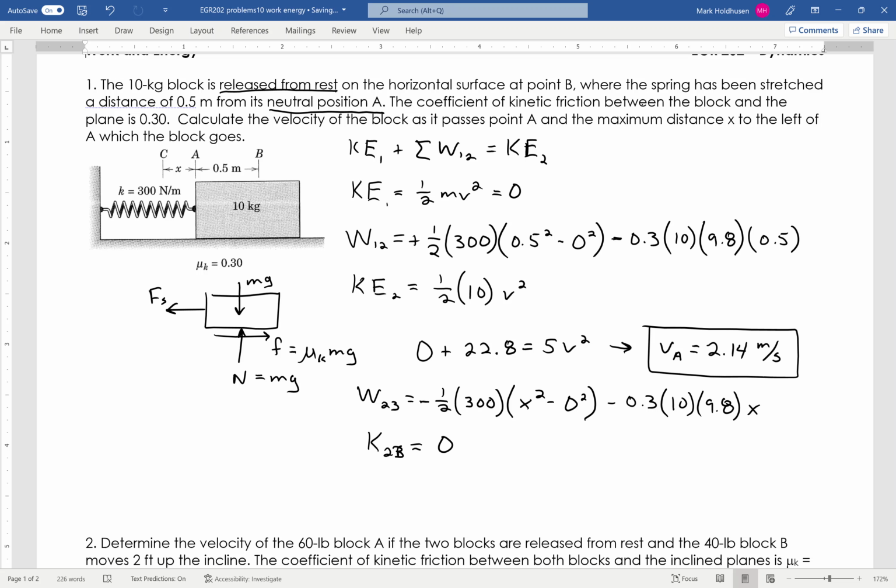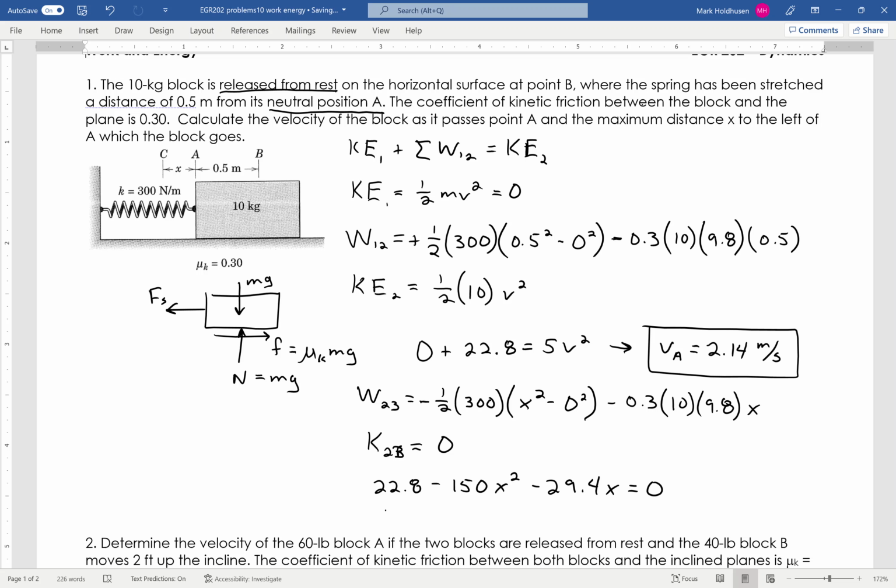That's going to give me the maximum displacement that I'm looking for. KE2 is 22.8, which we can get from the previous equation. The work being done this time is 1/2 times 150 x squared minus 29.4 x, and that's going to equal 0.